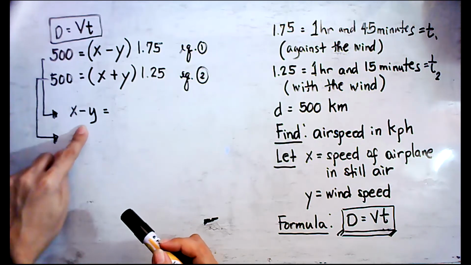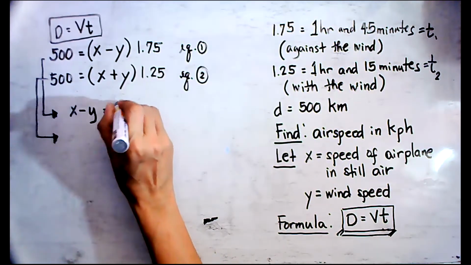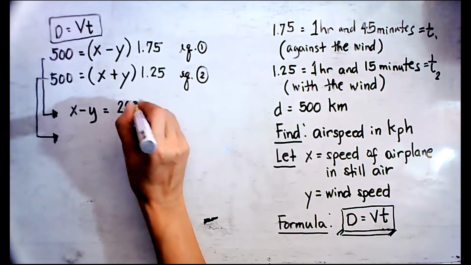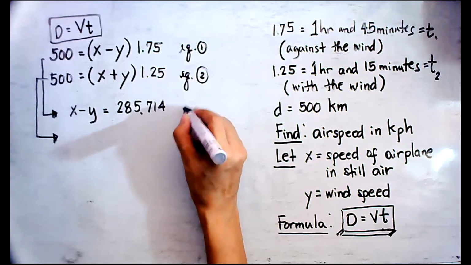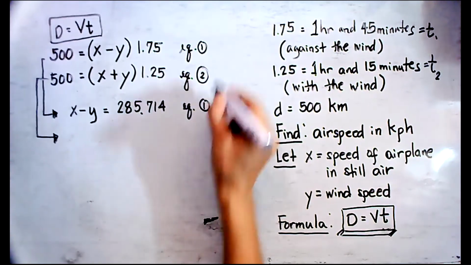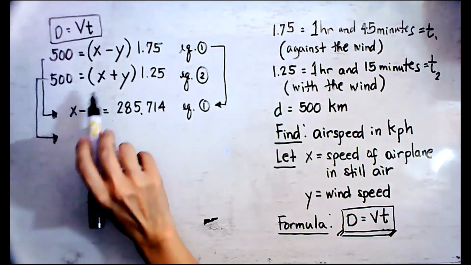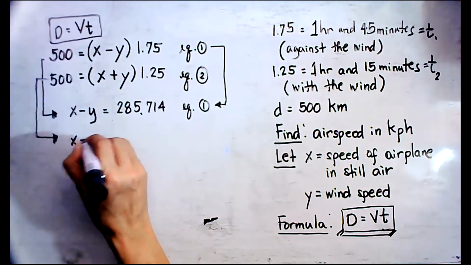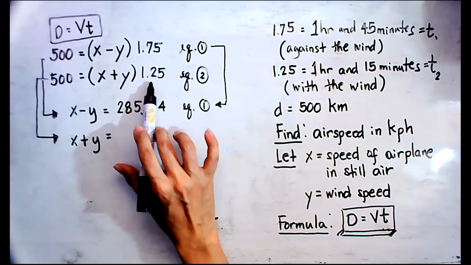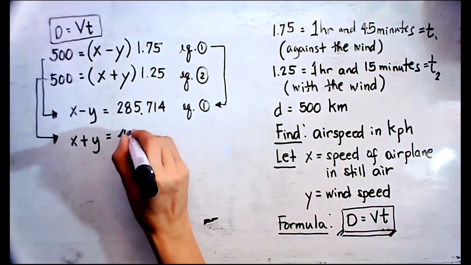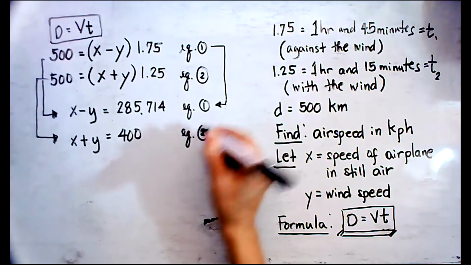So x minus y is equals to 500 divided by 1.75, and that is equals to 285.714. So again, this is equation 1. Then from the second equation, we have x plus y is simply equals to 500 divided by 1.25, which is basically equals to 400. So this is equation 2.